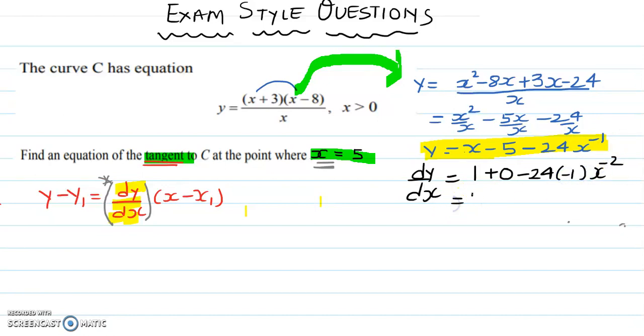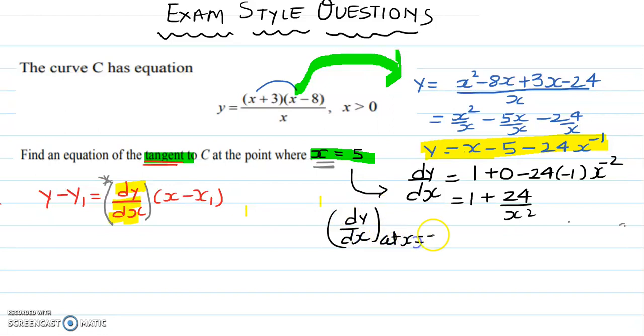So we can write 1 plus 24 over x squared, as this minus and this minus turn into positive. We always calculate dy by dx at the point. The point is given, x is equal to 5, so let's calculate dy by dx at x equal to 5.